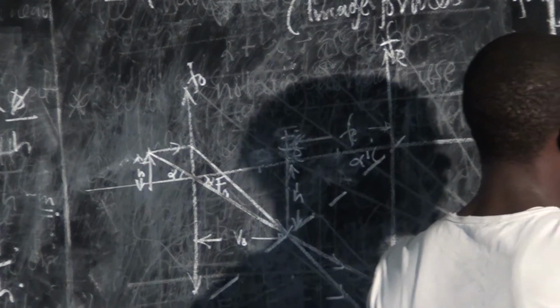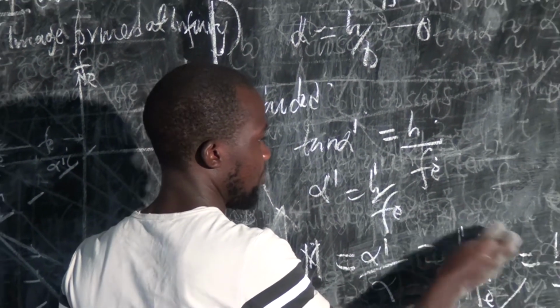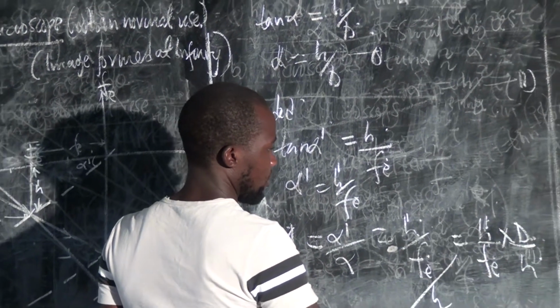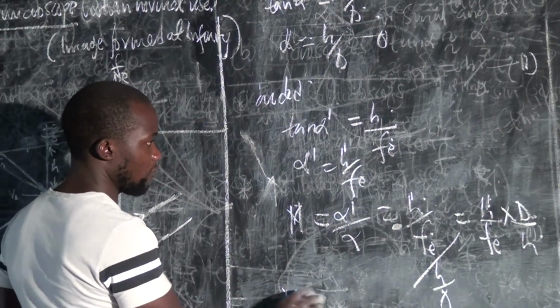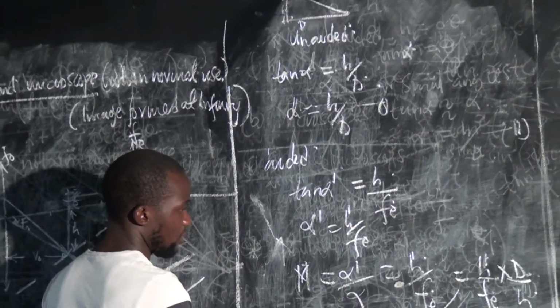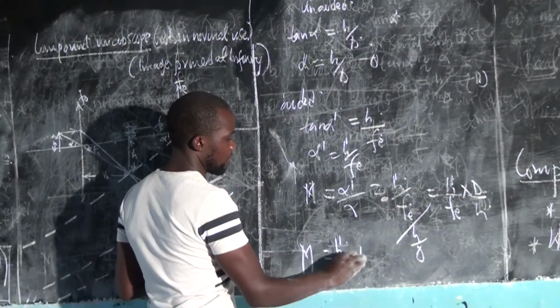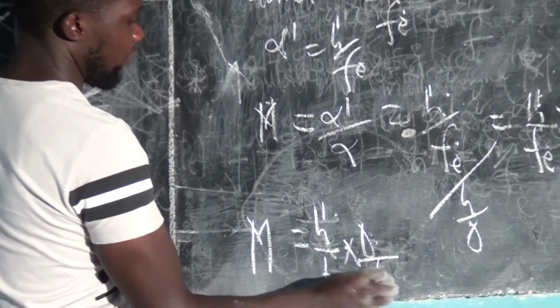So the magnification now becomes H prime over H, then times D over FE.